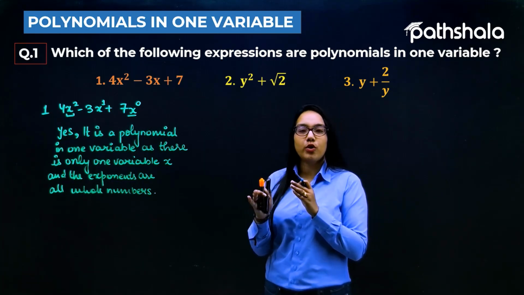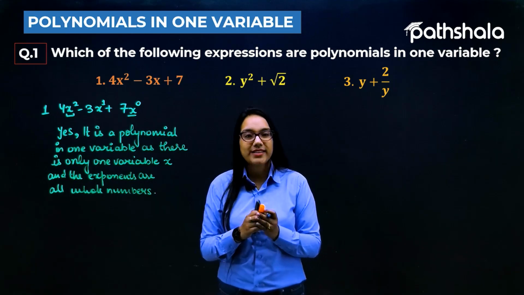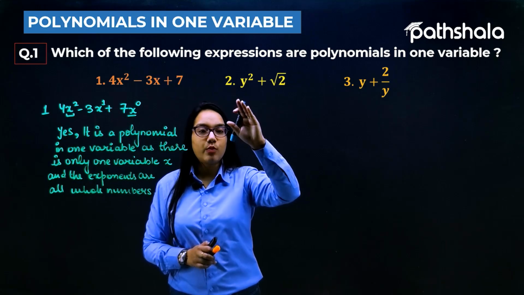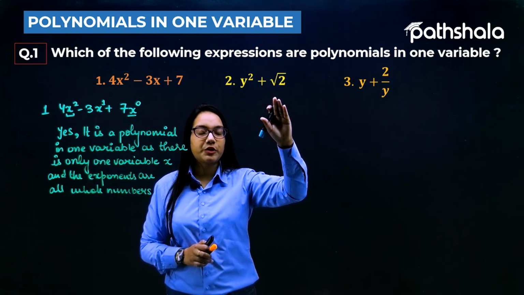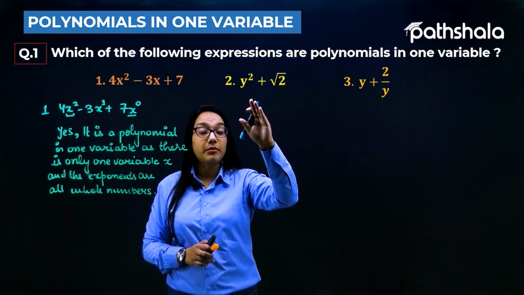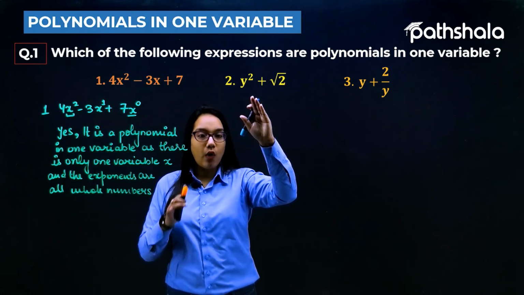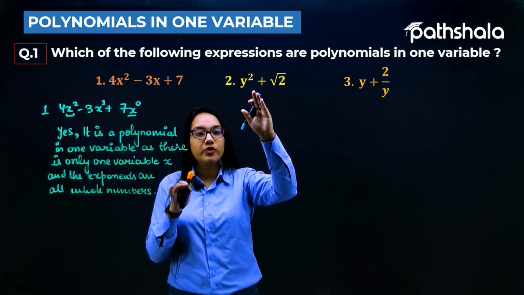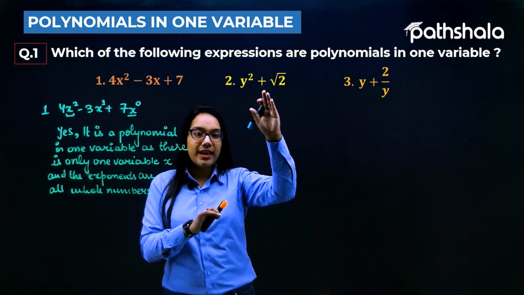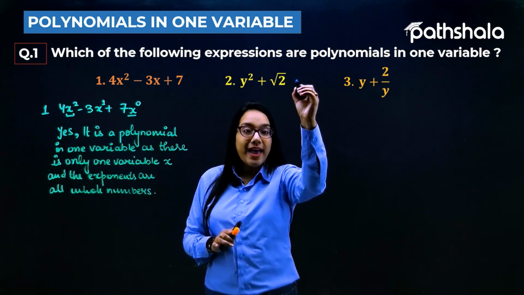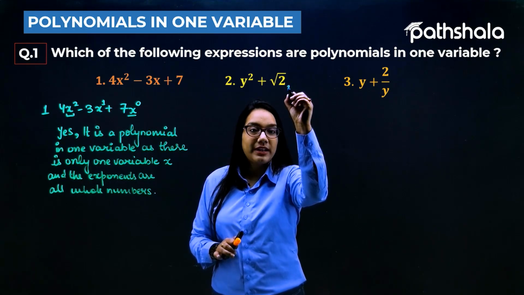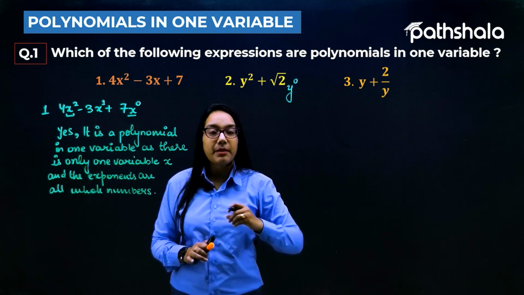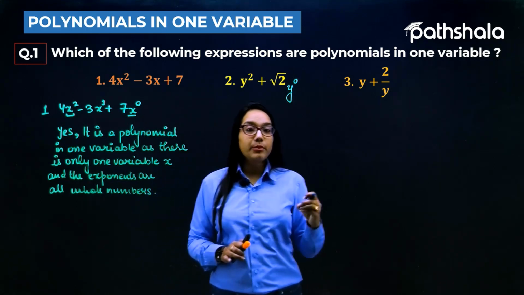Let's move on to the second part, y squared plus the square root of 2. There is only one variable in this expression, which is y, and the power of y is 2, which is a whole number. Again, root 2 can be written as root 2 times y raised to the power 0, so that power is also a whole number.